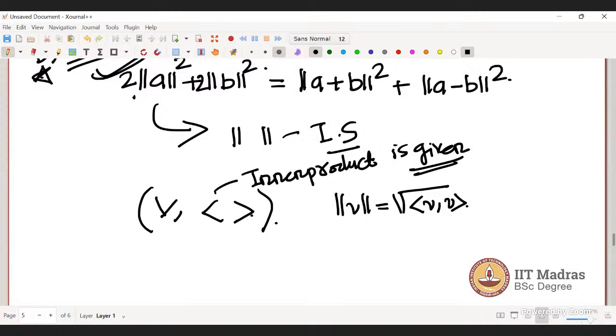If the inner product is given but the definition of the norm is not, can we take the standard one, v1 square plus v2 square plus whatever the dimension? In this course, if an inner product is not given, it's basically the standard inner product.